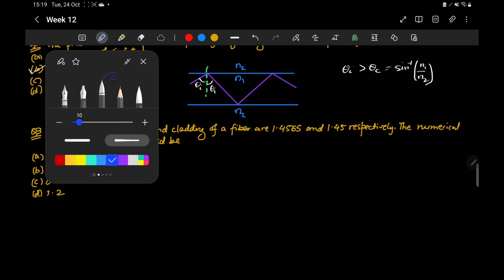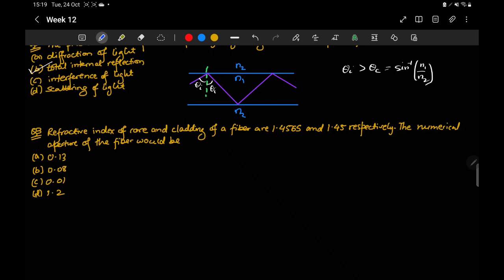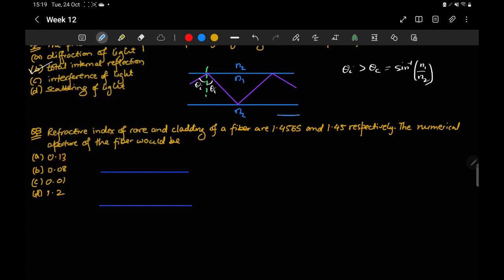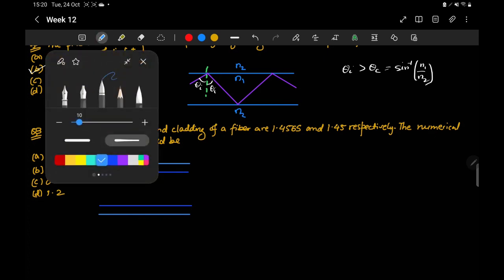So let us say we have a core. This is my optical fiber. It consists of a core and a cladding. This is the cladding. A cladding is like a covering for the core. It prevents the loss of the field into air.